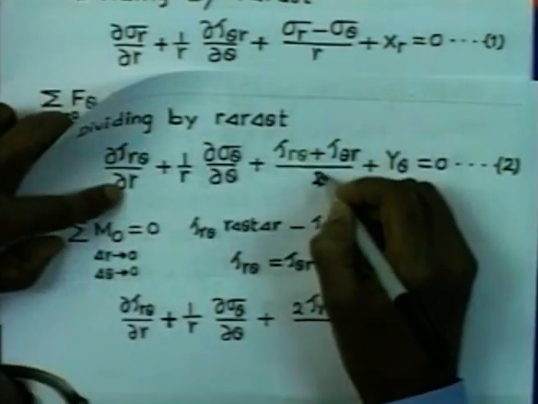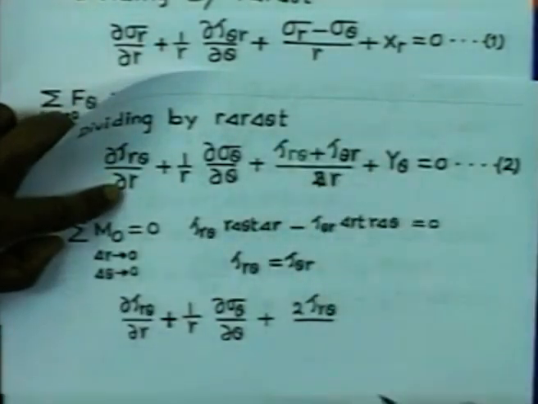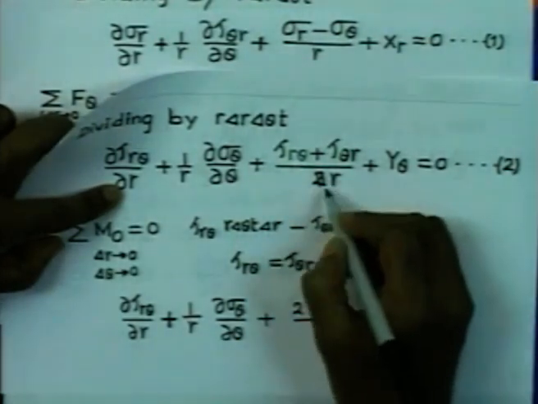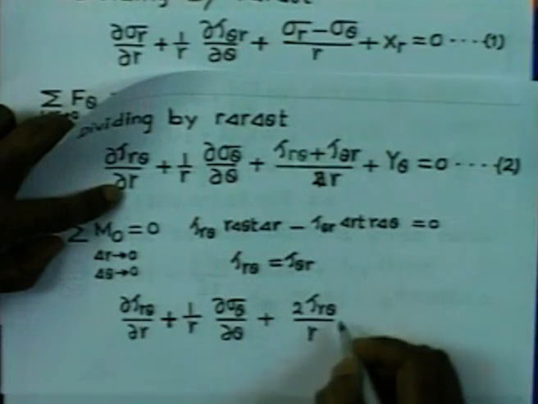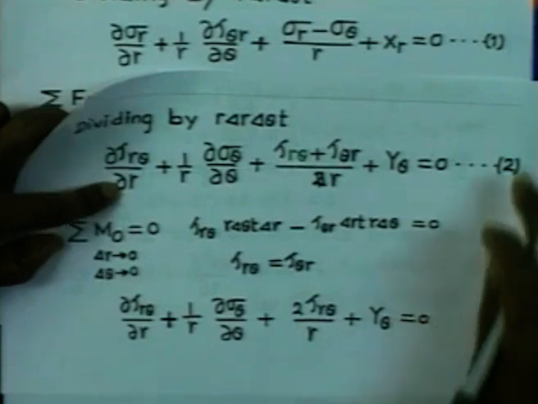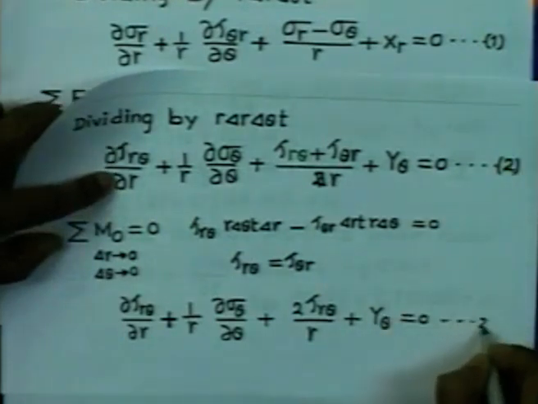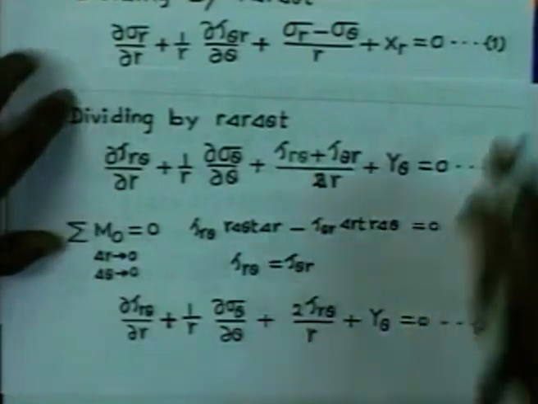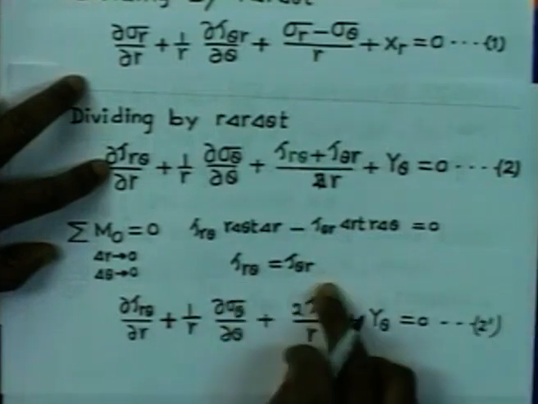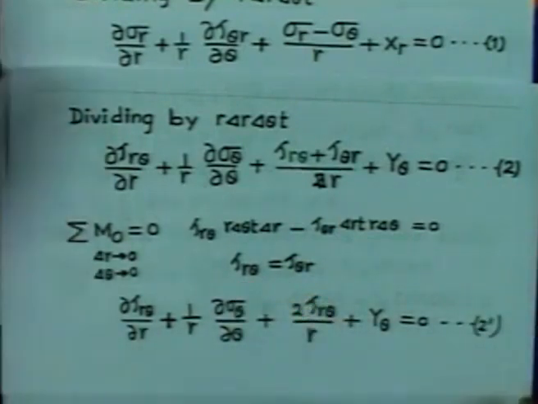This should not be 2, it should be r. So, this is tau r theta by r plus y theta equal to 0. That is the form of the second equation. So, this is the first equation, this is the second equation or its equivalent form, and the moment equation is this one.